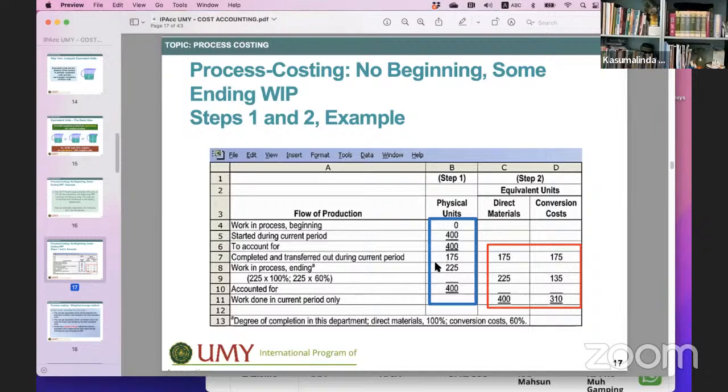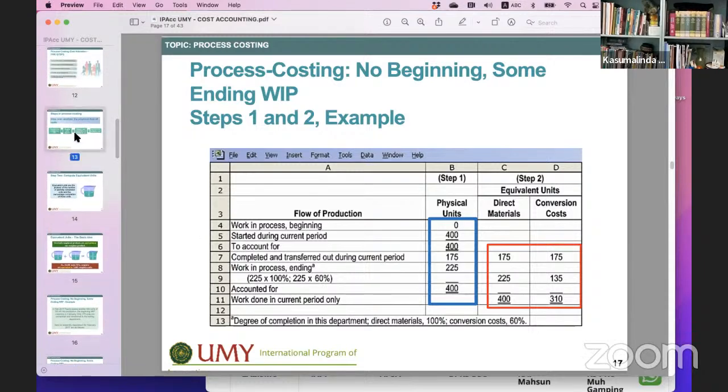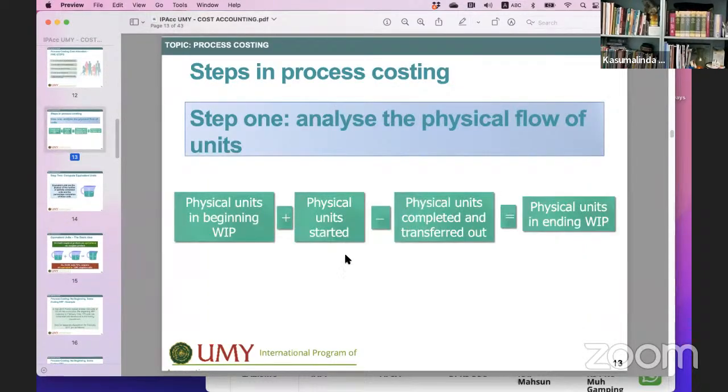When we sum up these two items, we get 400, and we call it units accounted for. So these two are different: one is units to account for, and this one is units accounted for. All these are physical units. Where does this come from? It actually comes from the equation that I showed you previously.